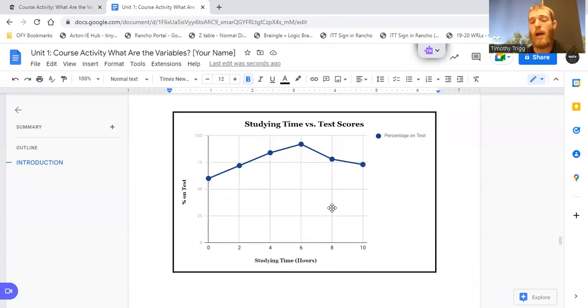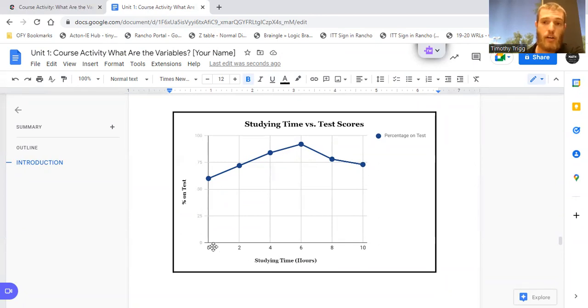Generally, when you're looking at a graph, they're already kind of telling you the independent variable and the dependent variable. The independent variable, and this goes for math as well, is along the horizontal axis. So usually that's your x-axis. In this case, the independent variable is the study time.